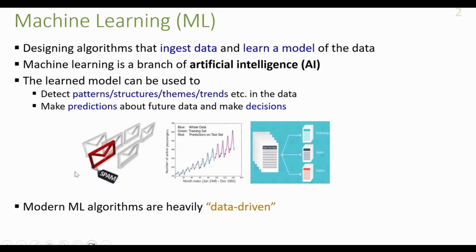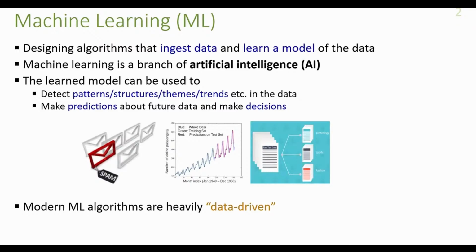The model will detect patterns, structures, and trends present in the training data, and using these we can make predictions about future data. Because we are building these machine learning models to make predictions on future data.